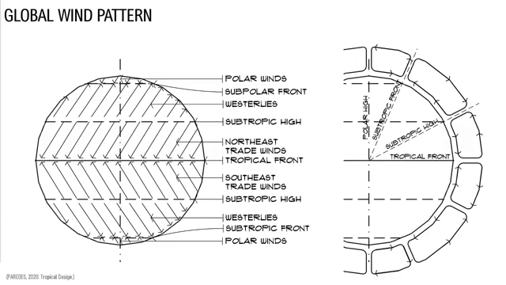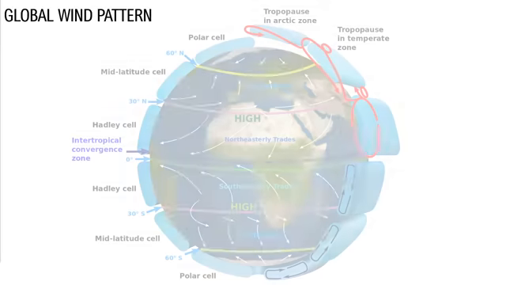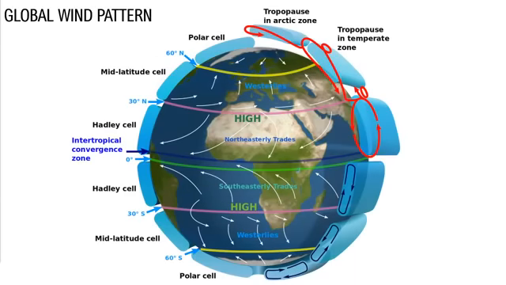So the heat from the sun that heats up the water drives the wind, drives the directions of the wind. Okay, so those breaks, they are actually cells. So the two cells north and south of the equator, they're called the Hadley cells.